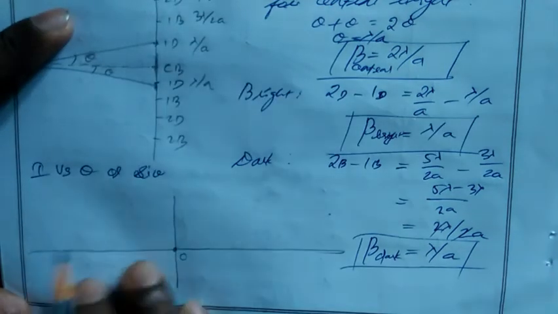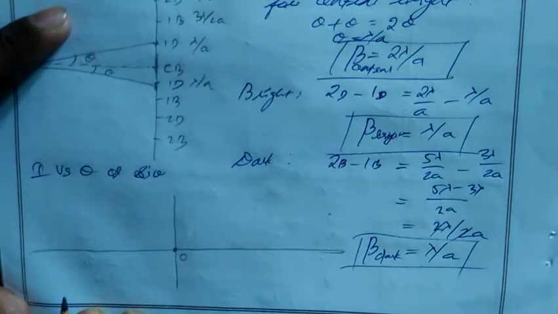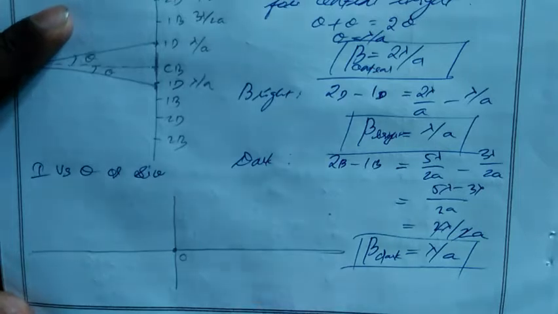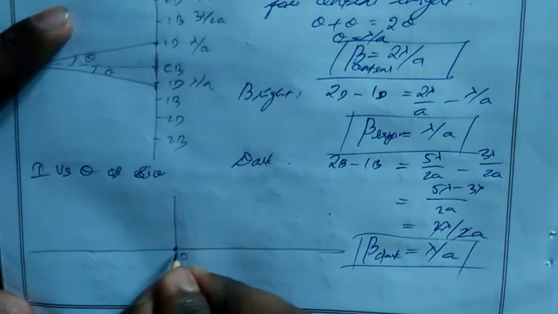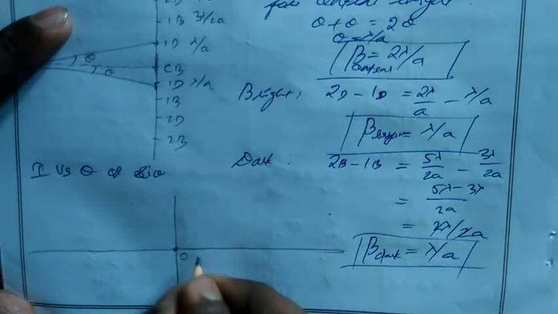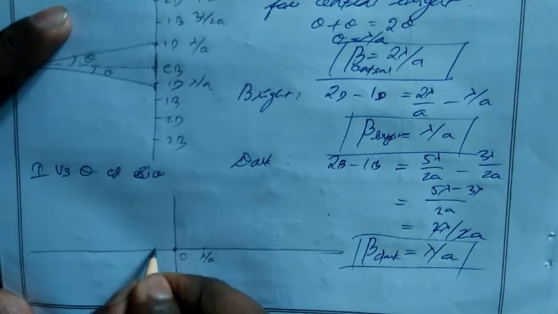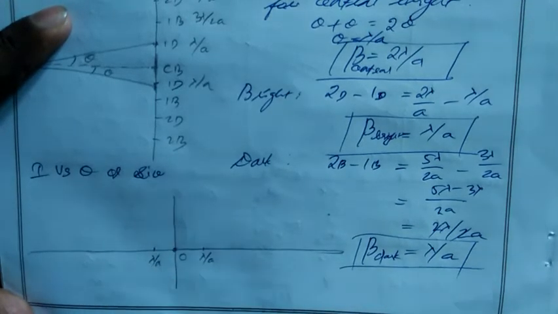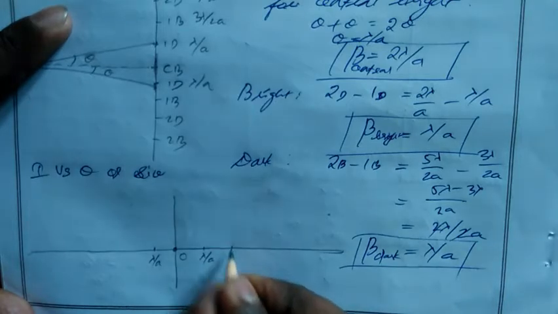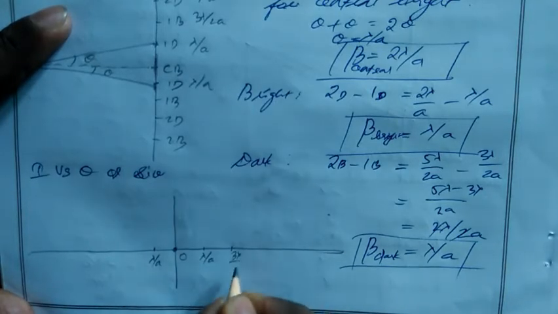Okay, so if we draw a graph between intensity and theta or sin theta, then we have a graph somewhat like this. This is for central bright, where the path difference is 0. Then first dark, path difference lambda by a. Then first bright, path difference 3 lambda by 2a.